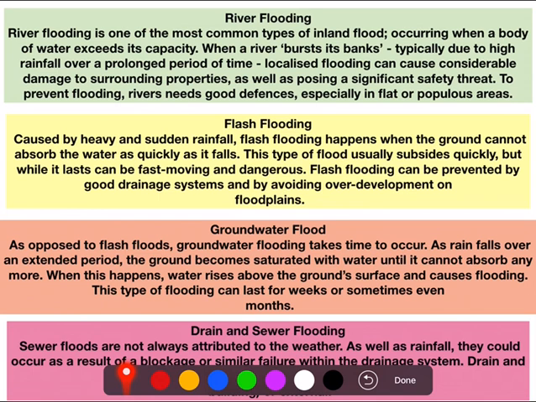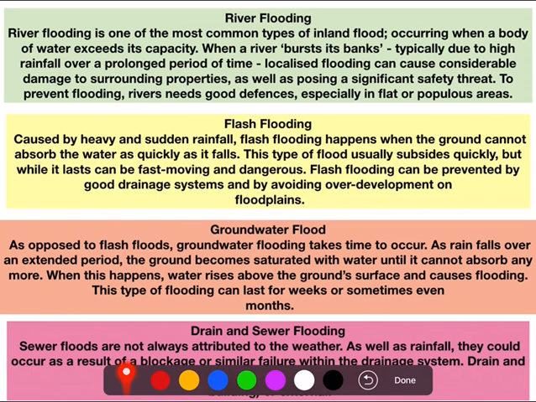Groundwater flood means the soil is not able to absorb any further water, because the soil has become completely 100% saturated with water. This kind of flood will remain for an extended period of time.